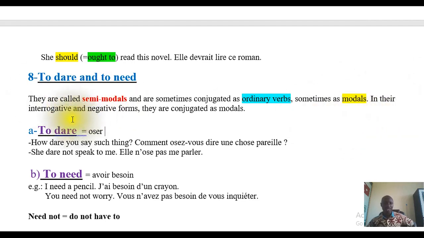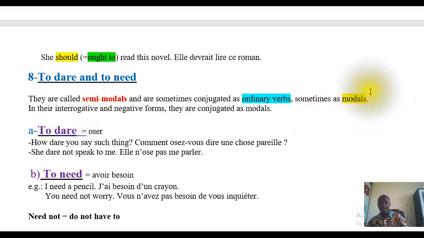In the interrogative and negative forms, they are conjugated as modals. You have to pay attention to this.